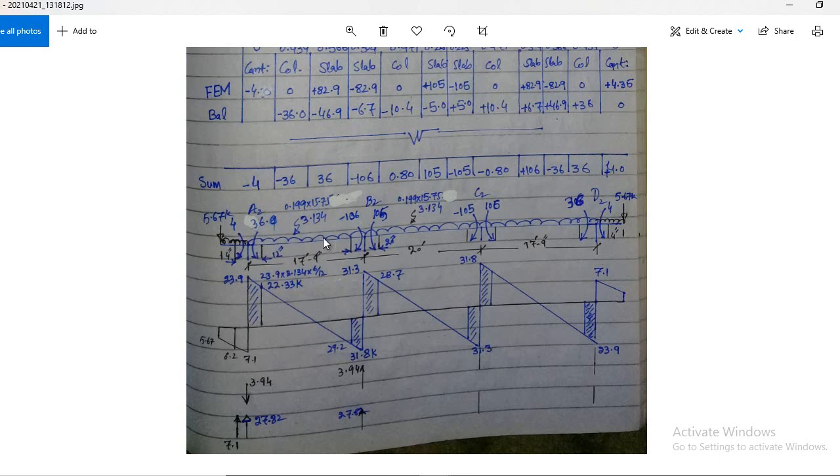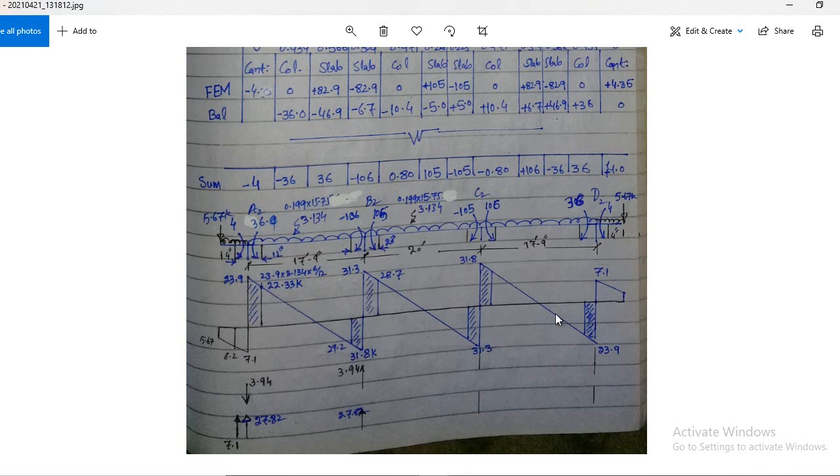So 3.94 is 36 minus 106 divided by the span length, that is 17.75. You got this value, and this will be in downward direction, this in upward direction. I explained all these steps in lecture number 6, 7, so please go there and watch those videos.